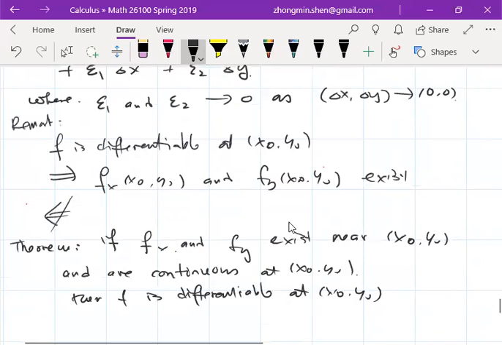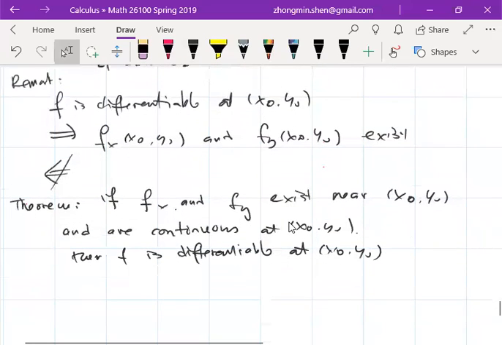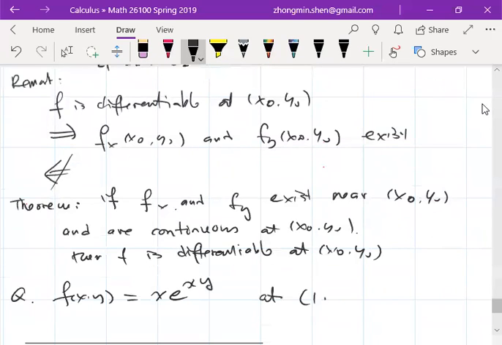Right, let's take a look at the following example. Okay, f of x, y equals x times e to the xy. I'm going to look at the point (0, 0). I want to show this is differentiable. It looks nice, but you have to use the definition.